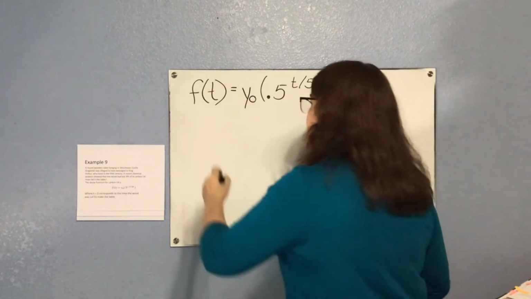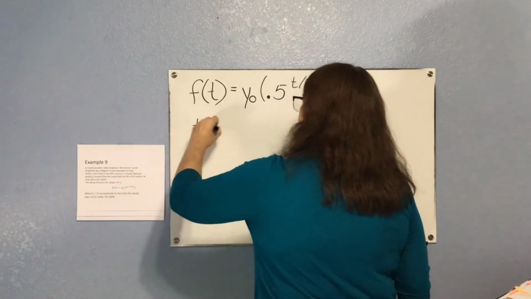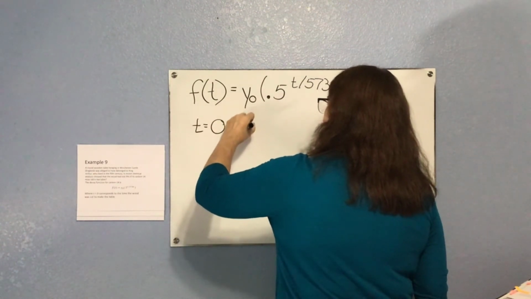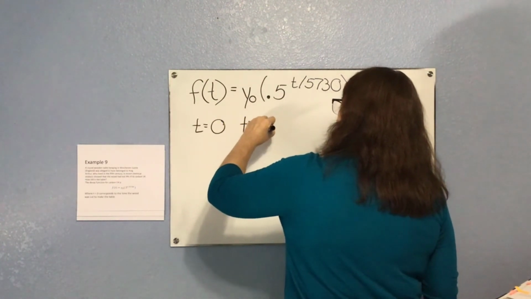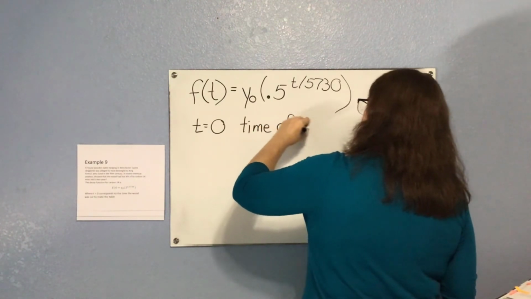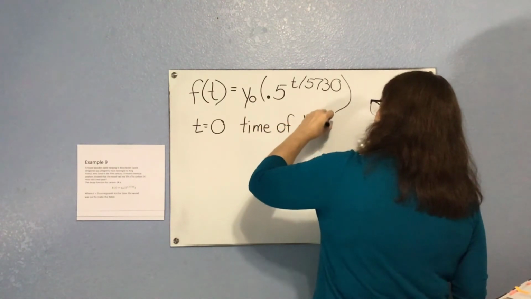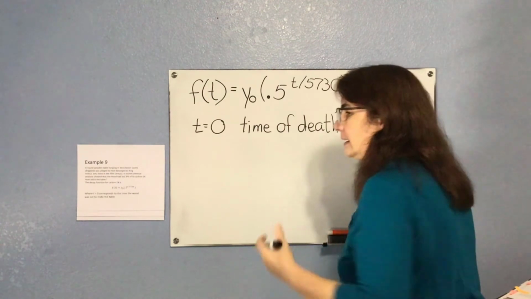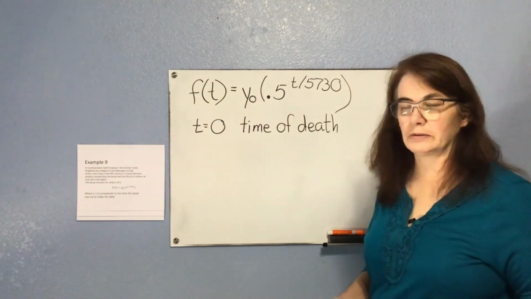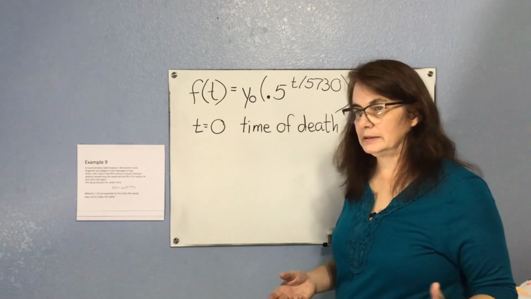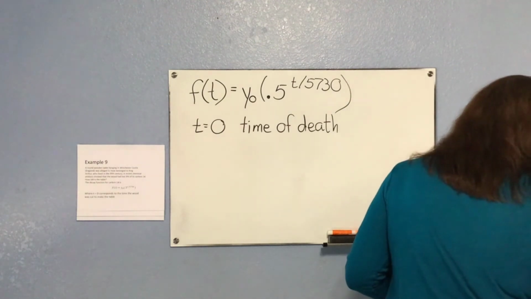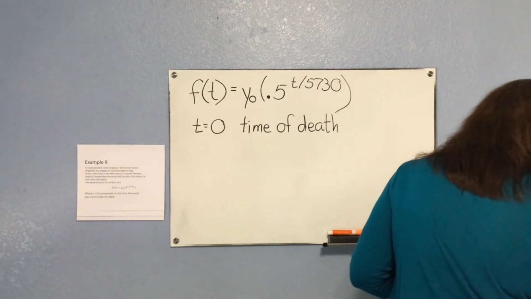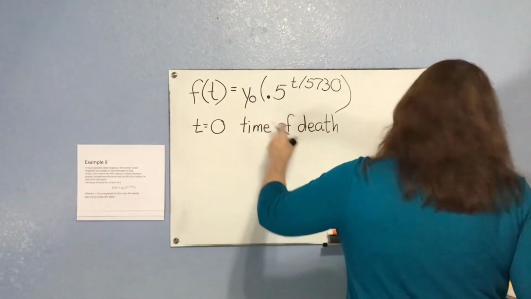Okay, T equals 0 corresponds to the time of death, and in this case that's the time that the wood used to construct the table was cut down. So let's look at this equation.